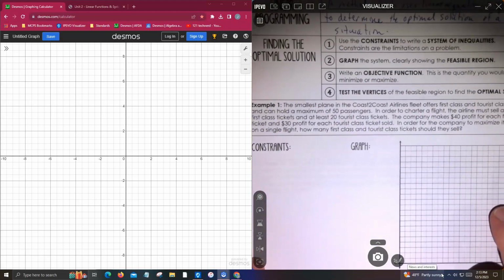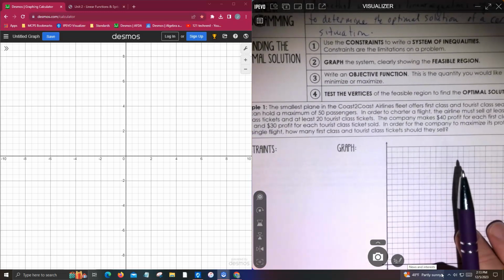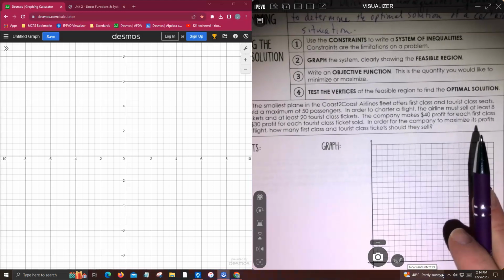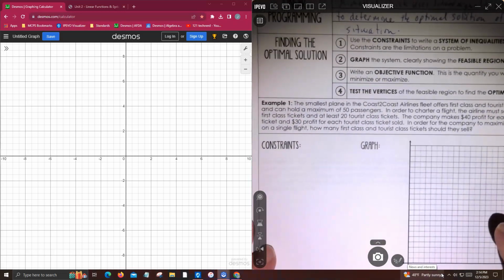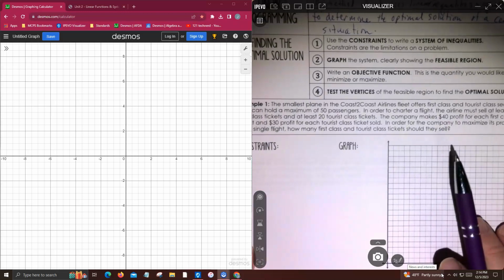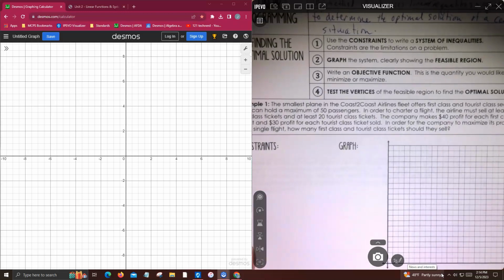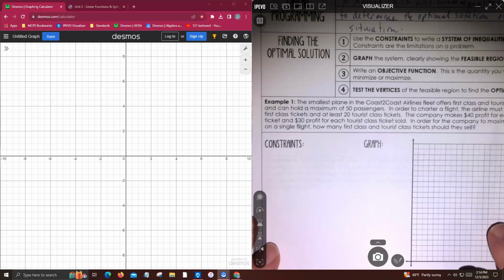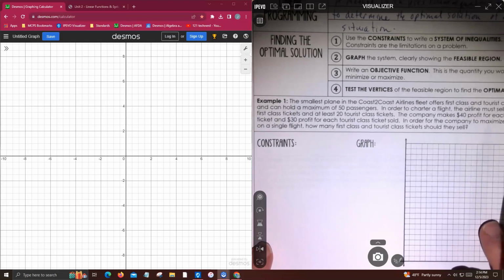All right, so example one says the smallest plane in the Coast-to-Coast Airlines fleet offers first class and tourist class seats. The most it can hold is a maximum of 50 passengers. In order to charter a flight, the airline must sell at least 8 first class tickets and at least 20 tourist class tickets.